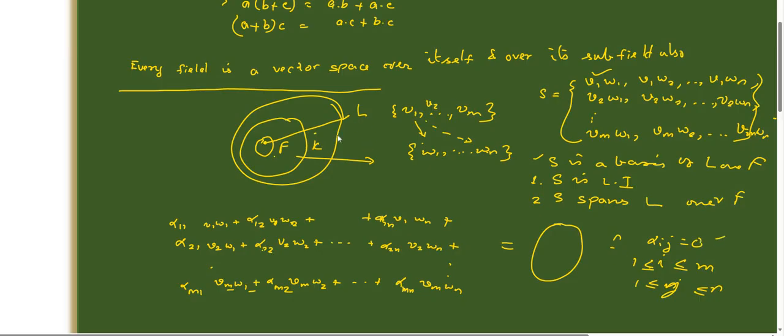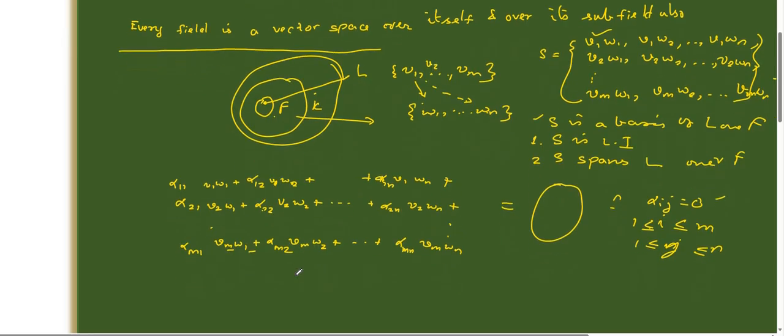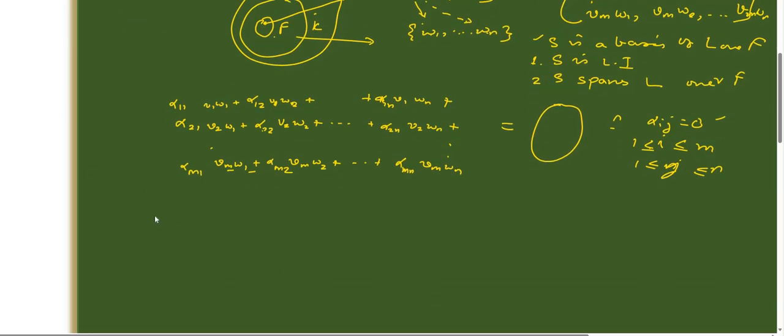Now we are given that L over K has V1, etc., Vm as a basis. So we take out V1 from this: alpha 1 1 W1 plus alpha 1 2 W2 plus, and so on, alpha 1n Wn, times V1, plus, in the same way V2 we take out, and so on.